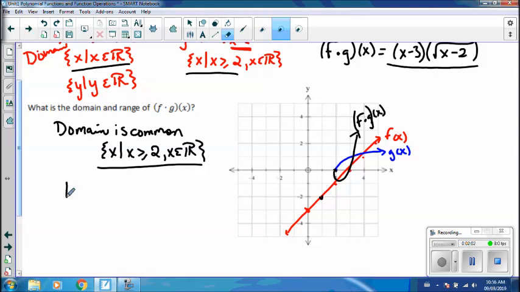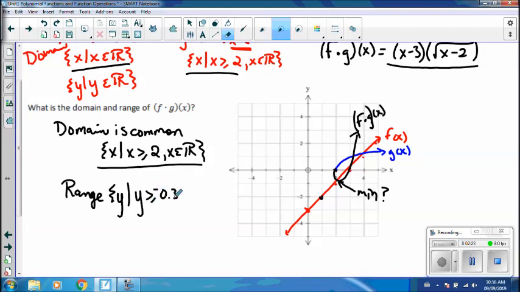And then the range I get from the graph. I can see that this point down here, I'm going to have to find that minimum using the calculator. So where was that? When I found it, I think it was negative 0.38 or thereabouts. So y is greater than or equal to negative 0.38, and y is an element of the real numbers. So there we have it.